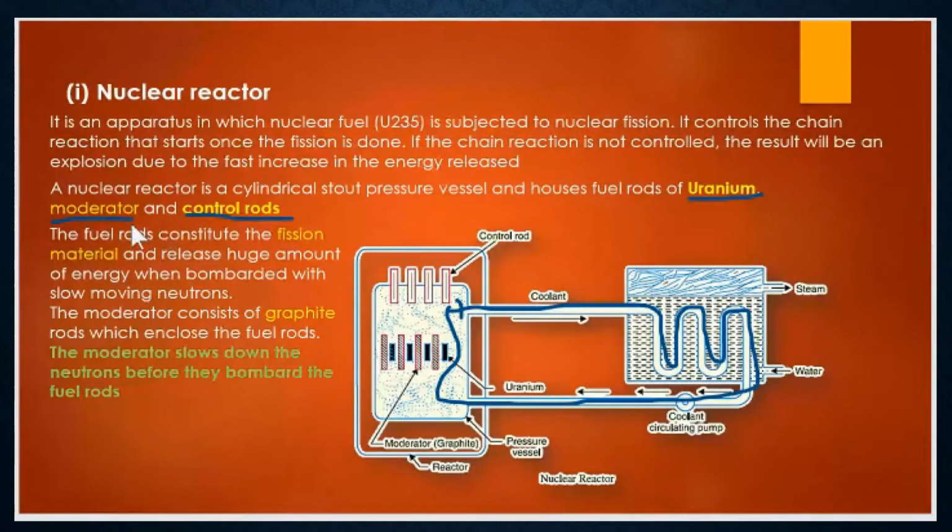If you don't have the moderator and control rods, this uranium 235 fission is a continuous process, and a very huge amount of energy will come out of this uranium, and that energy may not be used in this heat exchanger. So you have to control the amount of energy.